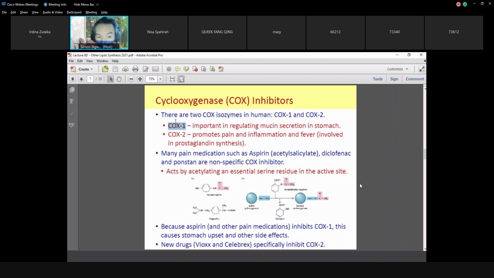This one is basically helping to produce a protective layer on your stomach and intestine. So when you take painkiller with the aim of stopping this, because it does not know how to differentiate between these two, it will stop both.